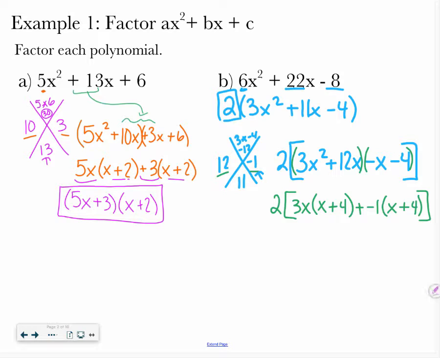Now I see that I have x plus 4 and x plus 4, so I am good to go. So I'm going to write 2, and then I have x plus 4 times 3x minus 1.